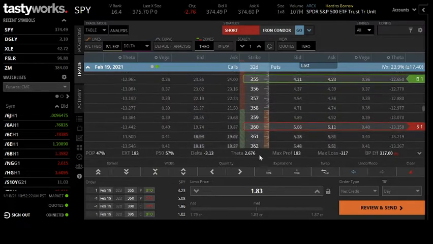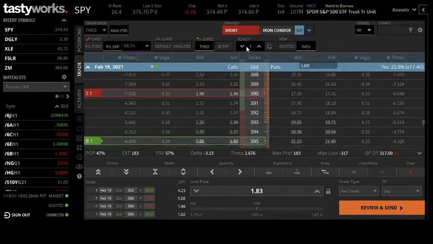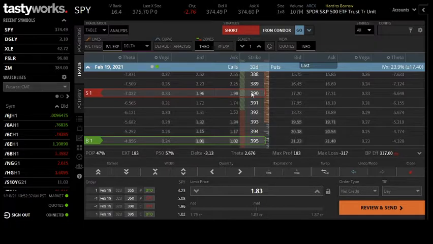So we have the 360 put, sell to open, 355 put, buy to open, 390 call, sell to open, 395 call, buy to open. So we have 2 different spreads on in one trade, 4 legs going at once. Net, we are collecting $1.83.